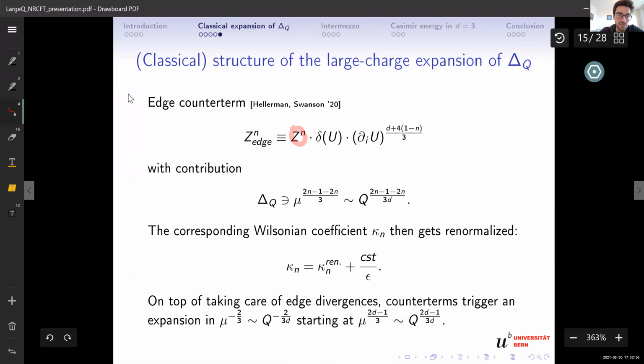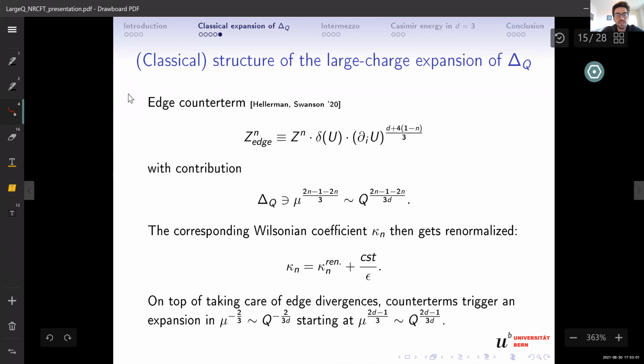And the only edge counterterms you can have have the following form. So it's z to some power, and then you use a dressing operator. And you have noticed, I guess, that this is not the same dressing operator as before, because before we were using u, which vanishes. So I have to use another dressing operator, and this is the one we have to use.